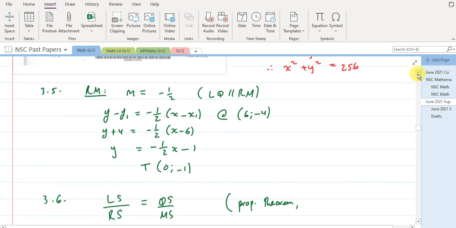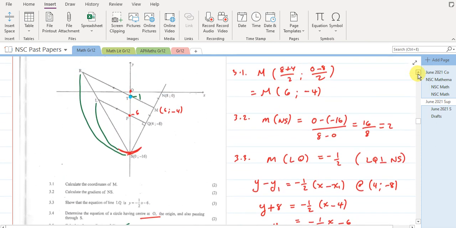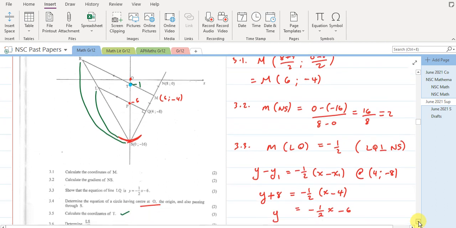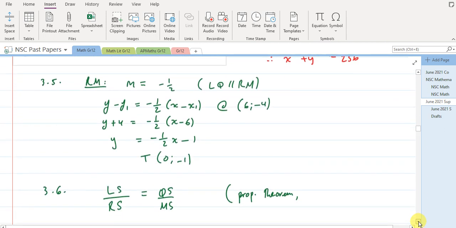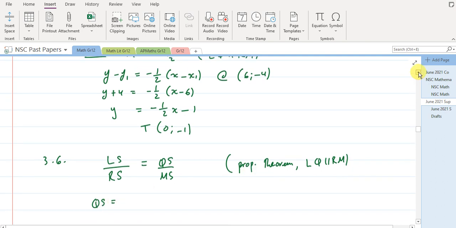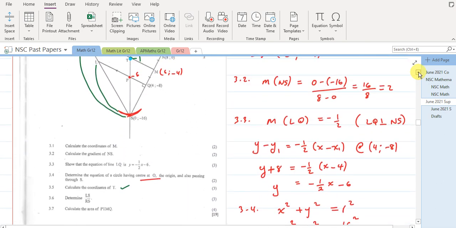Right, why is it the proportionality theorem? Because we can write down LQ is parallel to RM. Okay, now we need to find the distance QS and MS. So we can say QS is equal to, use the distance formula for QS.